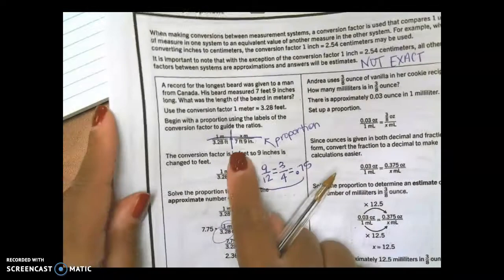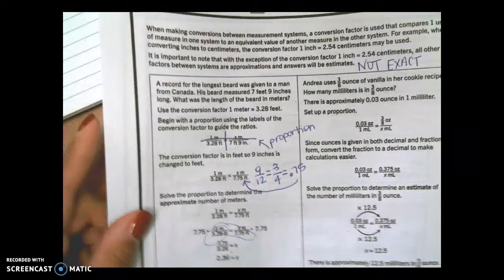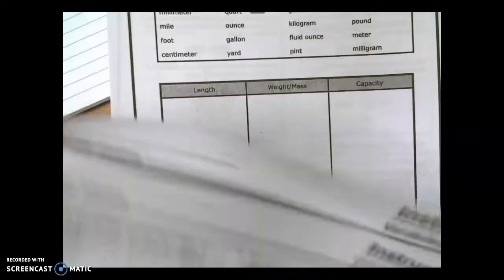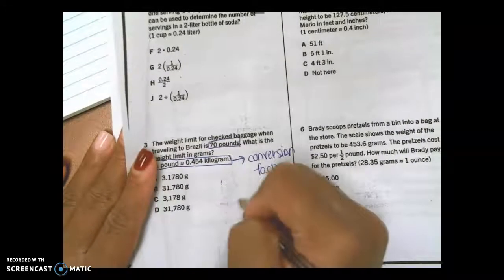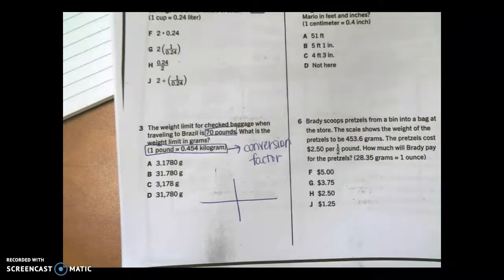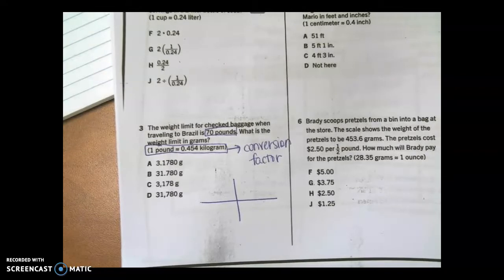What did I say to do here? Make a proportion. Don't just throw numbers out at me. You need to understand this as well. Make a proportion. Okay, before I make a proportion, y'all didn't do this on your quiz and you got questions wrong because you're not doing this properly. What have they given me as far as the units?